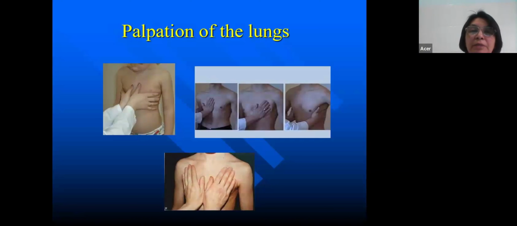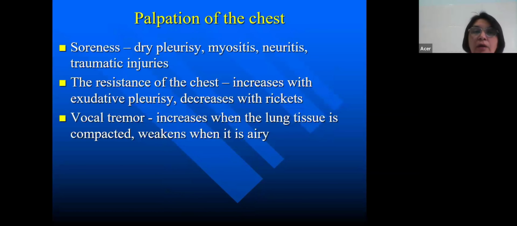Objective examination of children with respiratory tract diseases: palpation, percussion, and auscultation. Palpation of the lungs. We can check three things: soreness, elasticity of the chest, and vocal tremor. Soreness is typical for dry pleurisy, myositis, neuritis, and traumatic injuries.